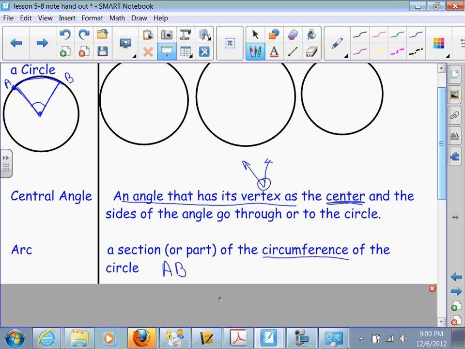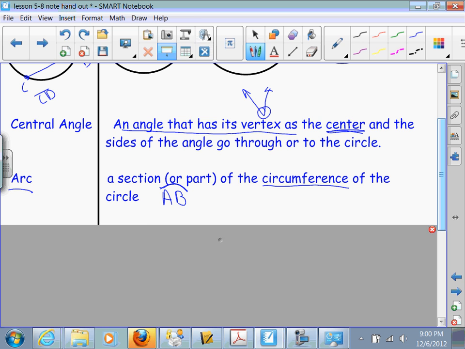Whenever we talk about a line segment, let's say I draw a chord through here, and I have chord CD, that's a line segment CD with a line over the top. An arc is labeled with an arc over the top. Makes sense, doesn't it? If it's an arc, draw an arc for the label. Make sure that you do that for your homework and get into the habit of it. I will be looking for that on a quiz or test.